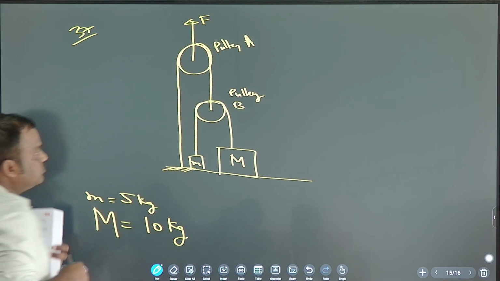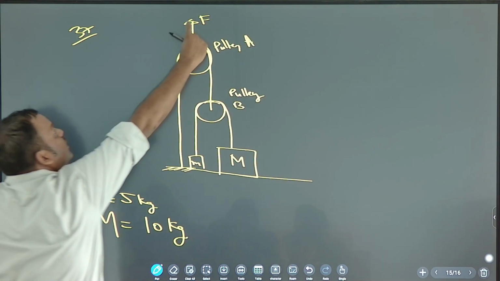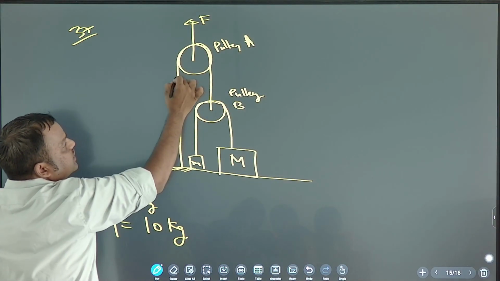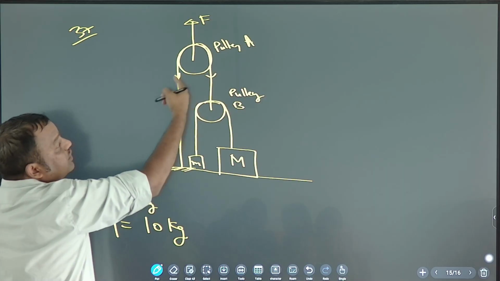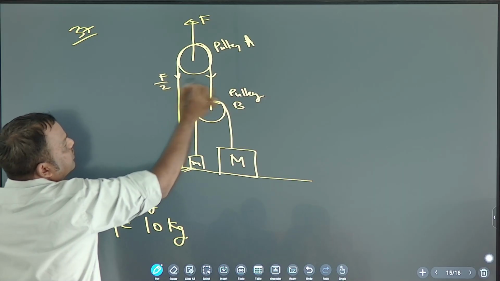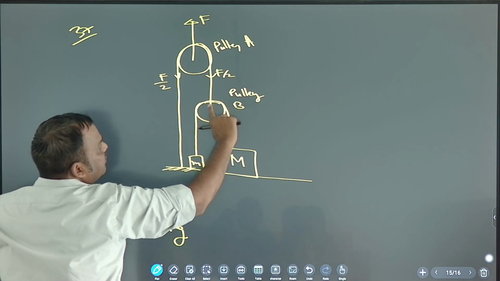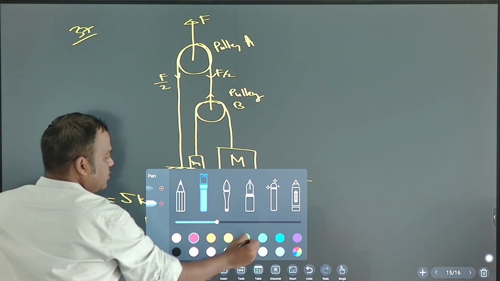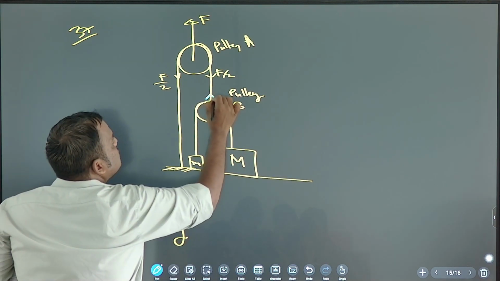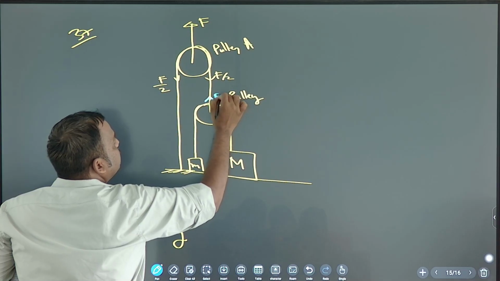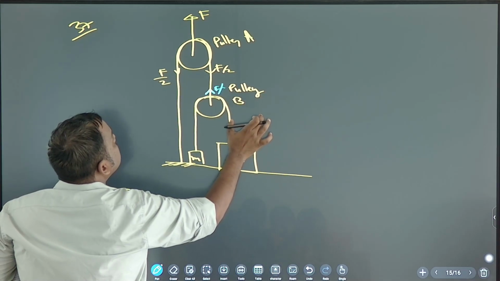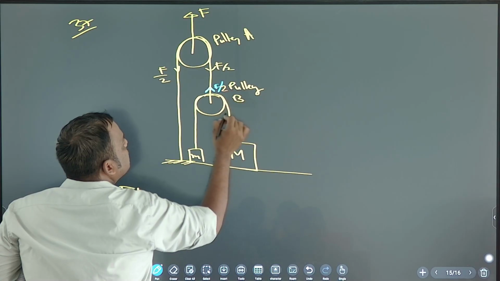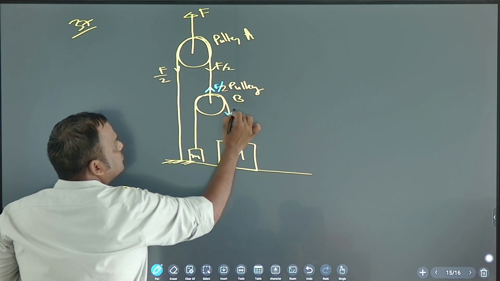So what is the tension in this string? F. What is the tension in this? F by 2. Very good. Here F by 2, and here F by 4.